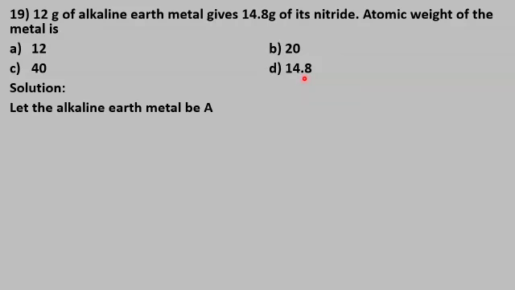Solution. Let me take the alkaline earth metal as A. Therefore, for formation of nitride, we can write the equation like this: 3A plus N2 gives A3N2. So, this is the balanced equation for the formation of the nitride compound from the metal A.